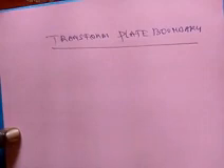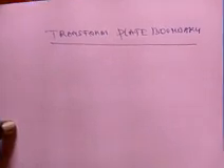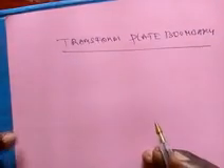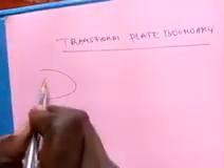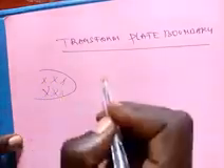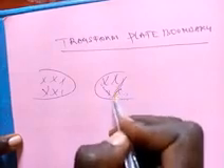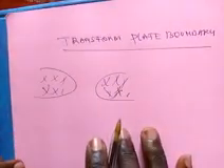A transform plate boundary is a boundary formed due to the meeting of two oceanic plates. When two oceanic plates are meeting together, these are two oceanic plates.